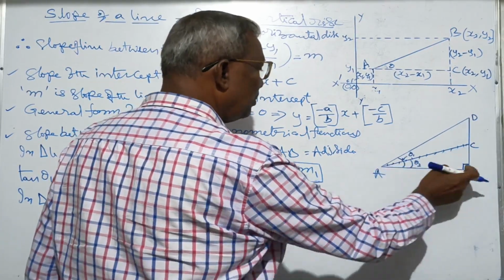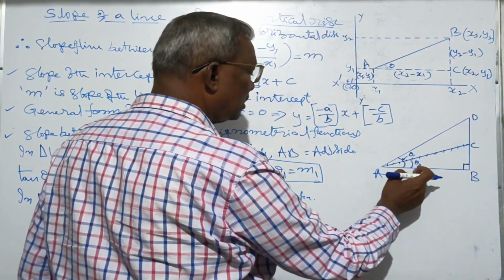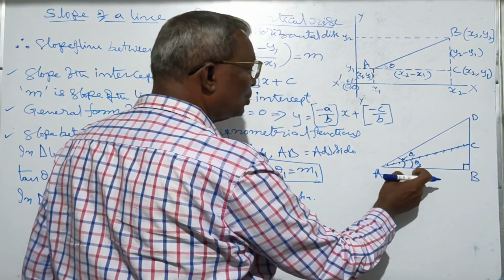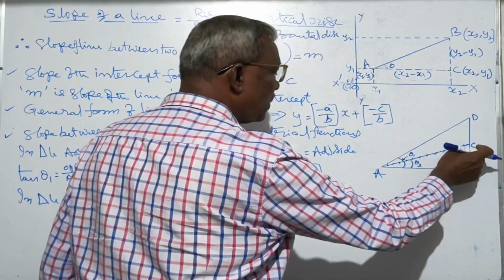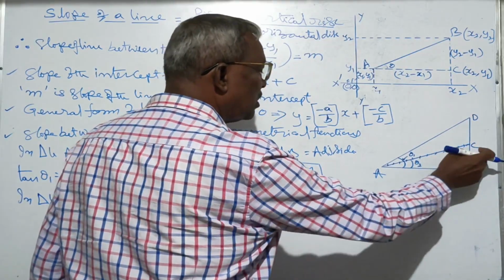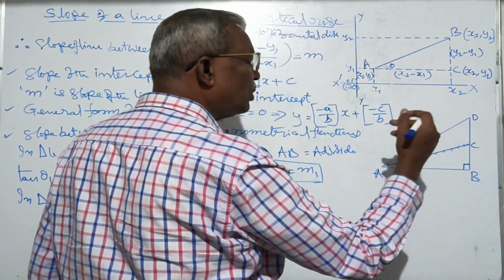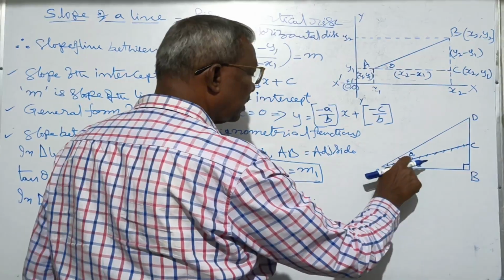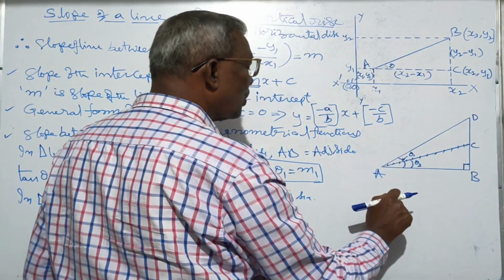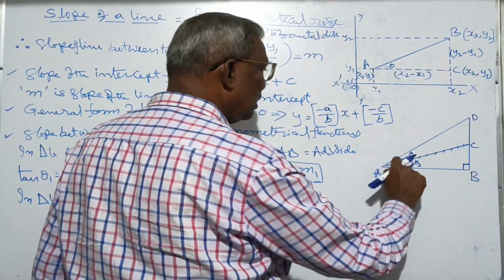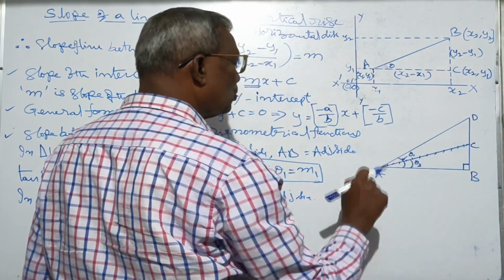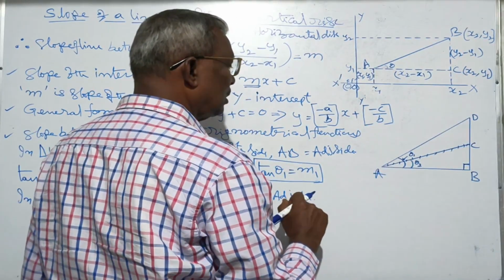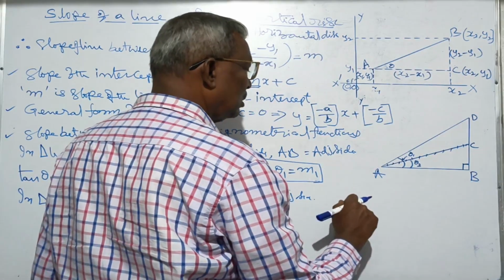In triangle ABC, tan theta 2 is equal to opposite side by adjacent side, that is rise by run, and rise by run is equal to slope. For angle theta 1, the slope of line AD is equal to tan theta 1, that is M1.